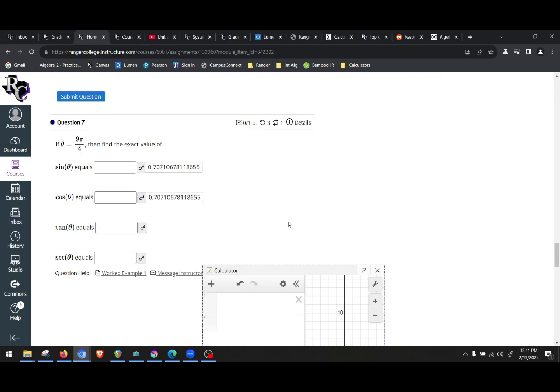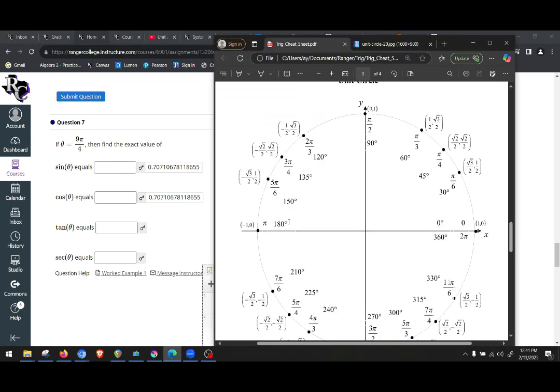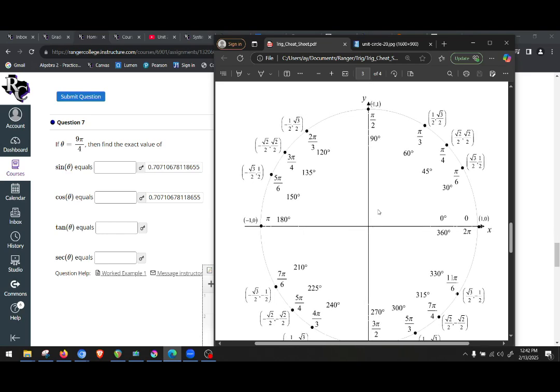Our tangent is opposite over adjacent, right? So that's our triangle, and our root 2 over 2, root 2 over 2, x and y. And so for tangent of this angle, opposite over adjacent, well, anything over itself is just 1.